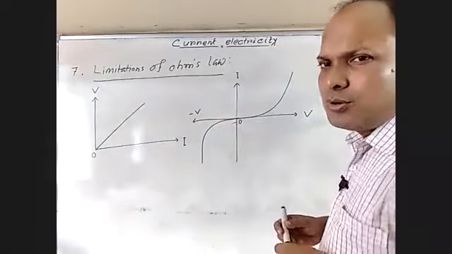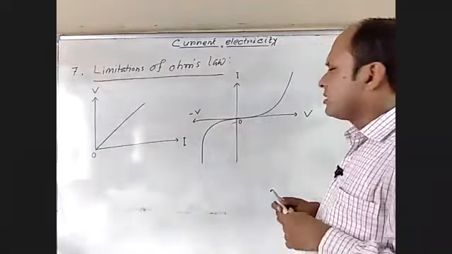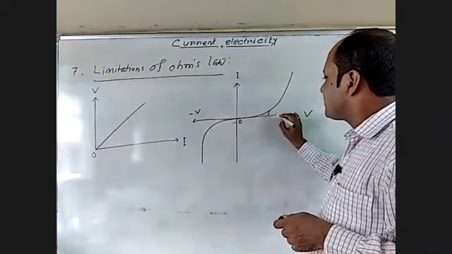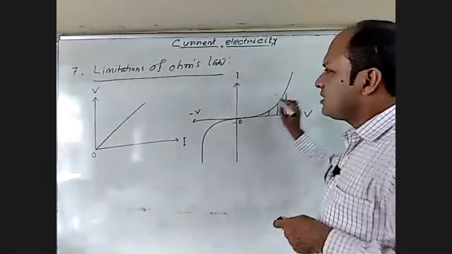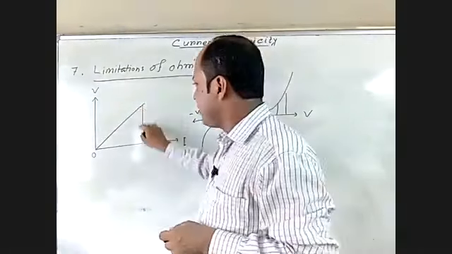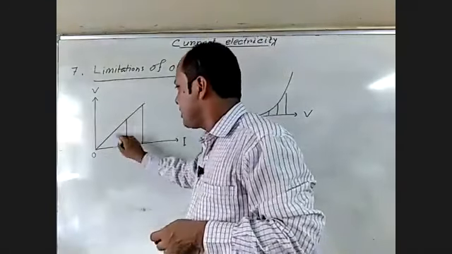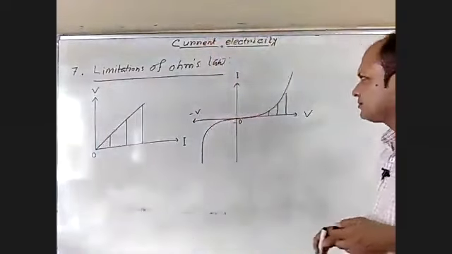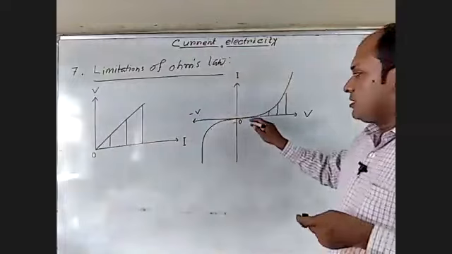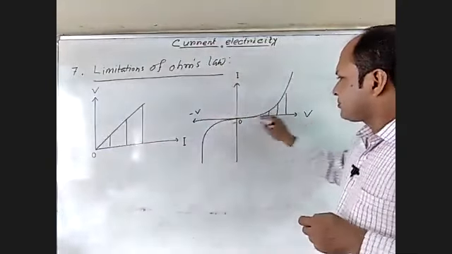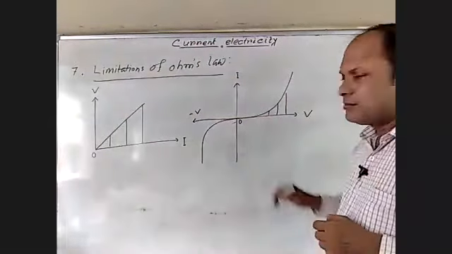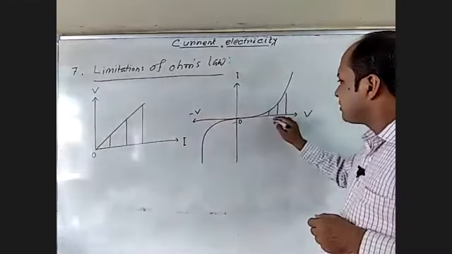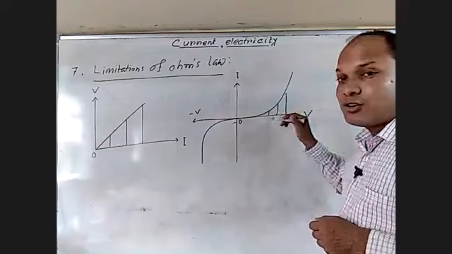Yes, very good. Somebody asked, in this case, the resistance you see here, V by I, is always constant. Shanubhab Guha, very good. You pointed out the matter correctly, that in this case the voltage and current are not linear.